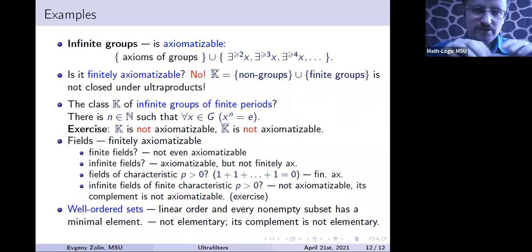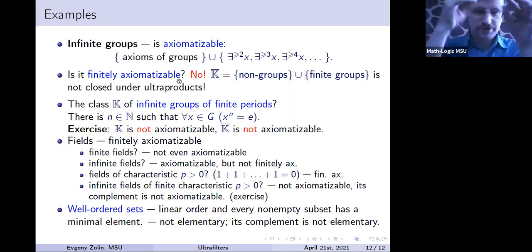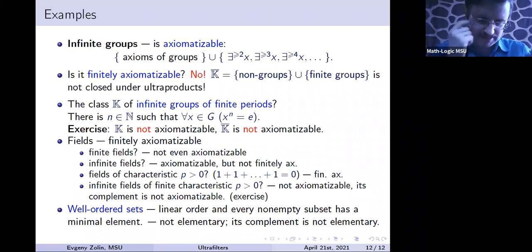So we have finitely axiomatizable, then axiomatizable, then co-axiomatizable, so their complement is axiomatizable, like here for finite groups: their complement, infinite groups, is axiomatizable. And there is also a fourth family of classes, in fact, unions of axiomatizable classes. And in fact, this is all. The hierarchy stops here. We have four rooms, four families of classes.